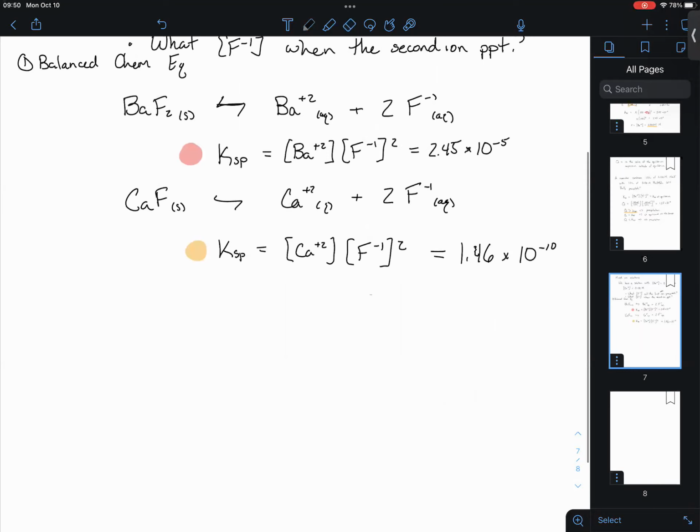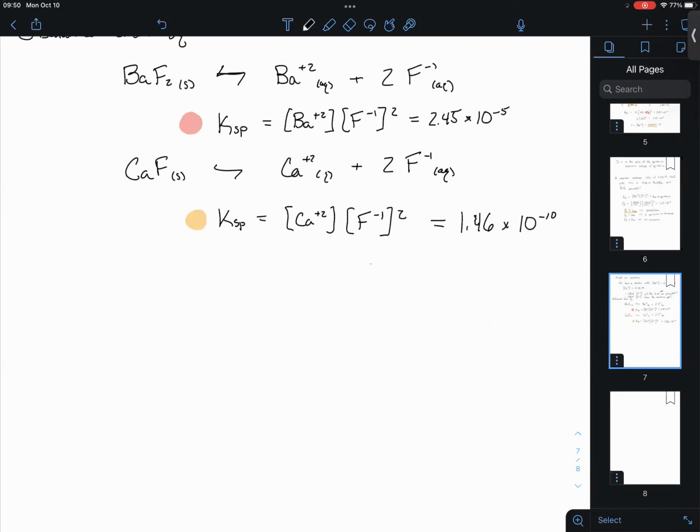Now I'm going to use my Ksp for barium. I know that my barium concentration in my solution is already this 0.001 molar. So now I'm going to solve for my fluoride ion concentration. I'll leave that as X equals that 2.45 times 10 to the negative 5.